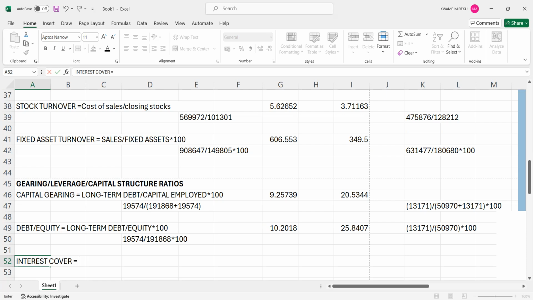You know, interest is seen as an expense, so it's payable through profit. So are you making enough profits to pay your interest? Here, the formula is profit before interest and tax over the interest payable.